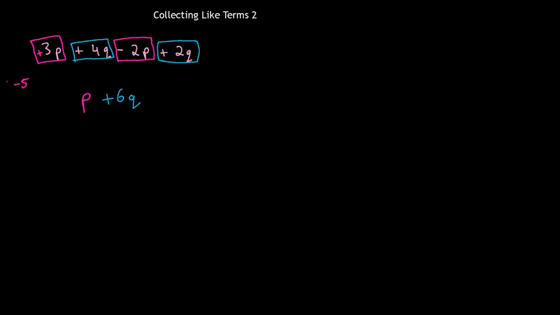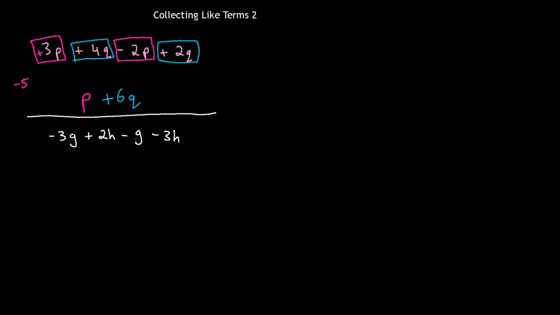Let's look at this problem here. We have minus 3g plus 2h, take away g, take away 3h. Let's just draw a line here to show that this is the question. Here we have to be careful because we've got so many negative numbers going on.